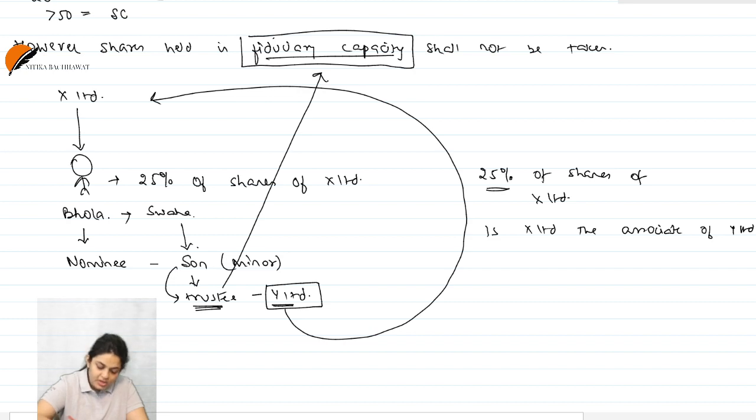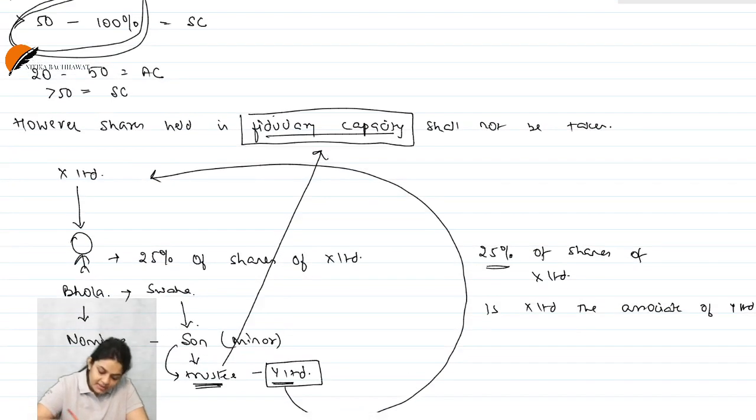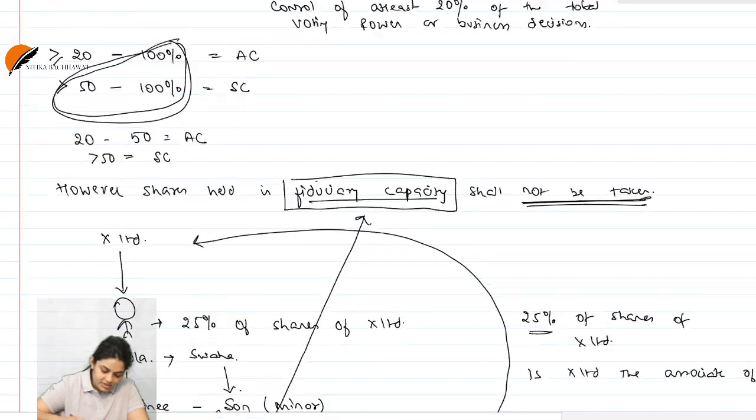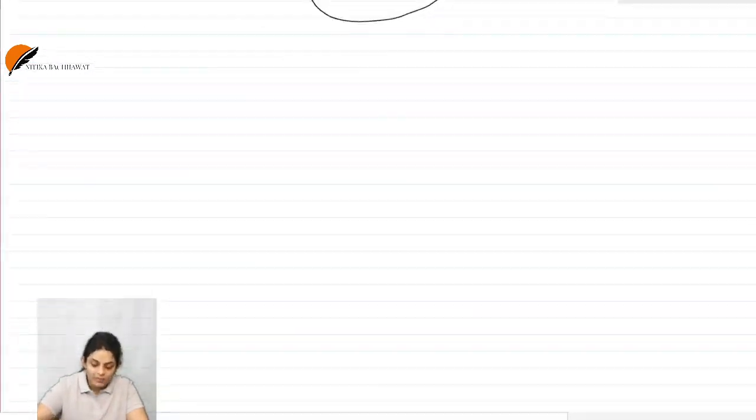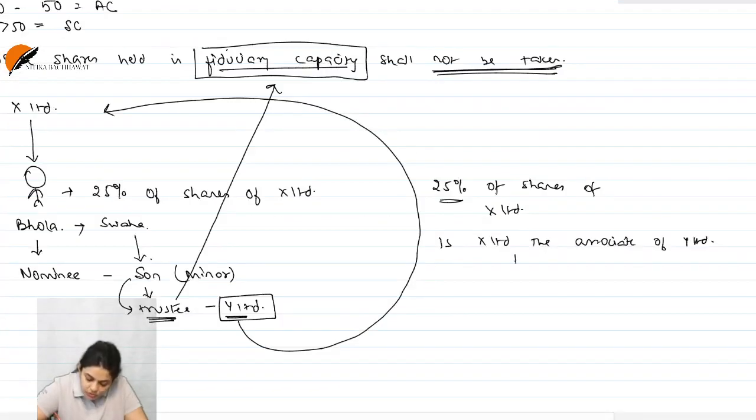When I am holding the shares as a trustee, I am holding the shares in a fiduciary capacity. And shares held in fiduciary capacity shall not be taken. So they will not be considered for this 20% control, that is significant influence. So is it the associate? No. If, let us say, Y Limited is personally holding 27% plus it gets this, then will it be an associate?